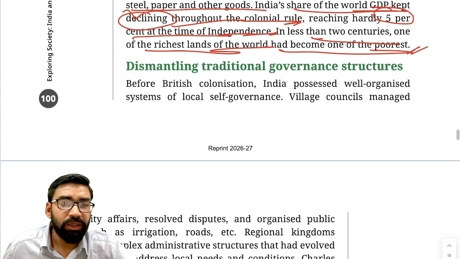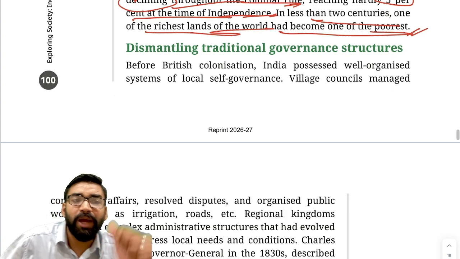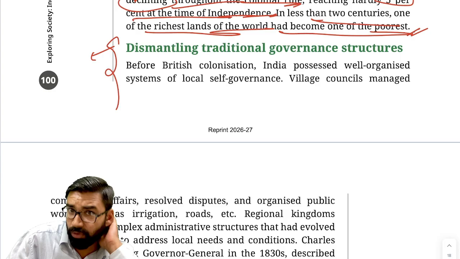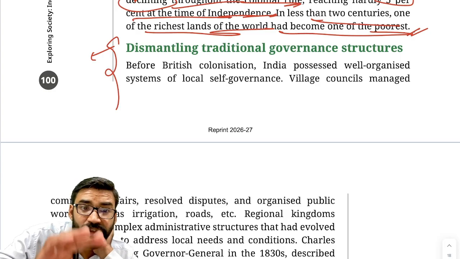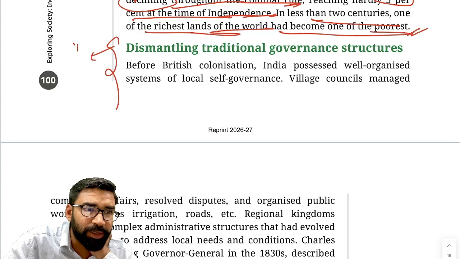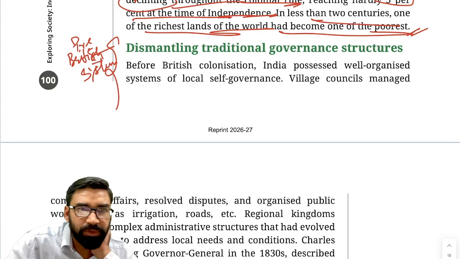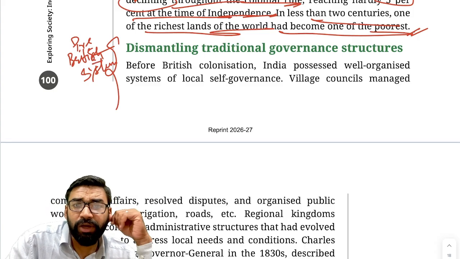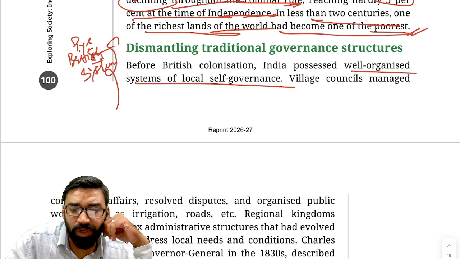Okay. Now, not only economic impact, Britishers also impacted our traditional governance structure, like the pre-British system. Right? Okay. Now, India used to have a well organized system of local governance.